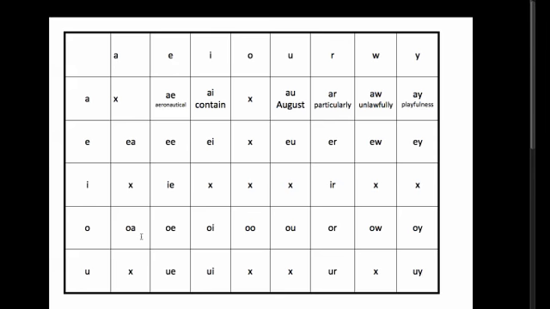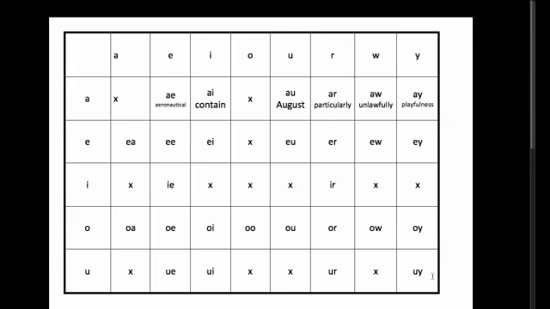But look at O. O goes with everything. But what do you notice about O? Yes, it goes with everything, but only, if you look down this column, if it goes first. So that's something good to note. If you have a two-letter vowel with the letter O in it, O is always first.